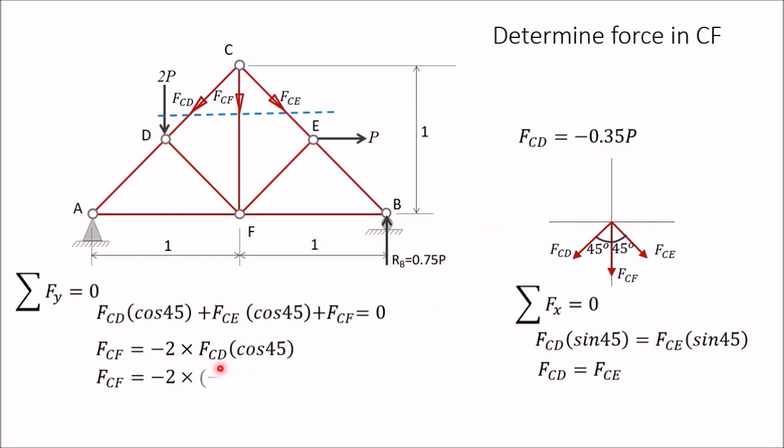Put that value here, and minus minus will cancel each other. When you solve this, you get 0.5P. So the force in CF is 0.5P. The positive value shows that this member is a tension member. So in both cases, you are getting the same answer, 0.5P. Thank you for watching this video.